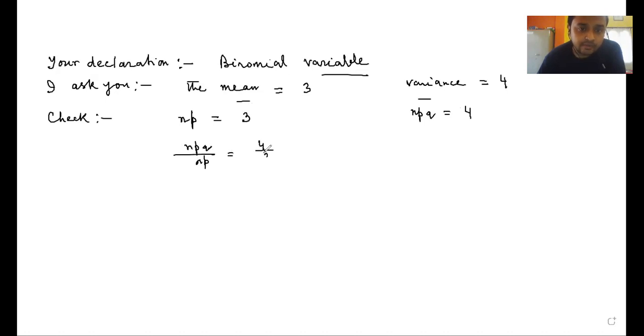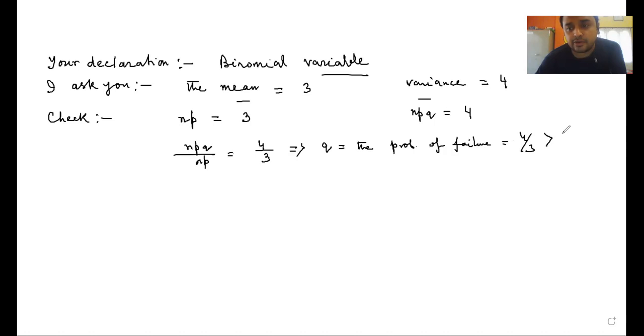We get 4 by 3. That means the probability q, which is the probability of failure according to our notation, is coming out as 4 by 3. But be it the probability of failure or success, it doesn't matter.